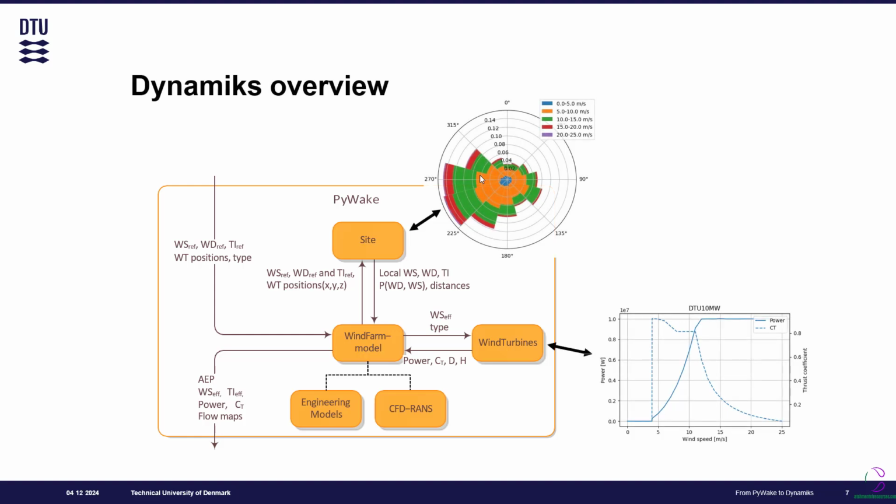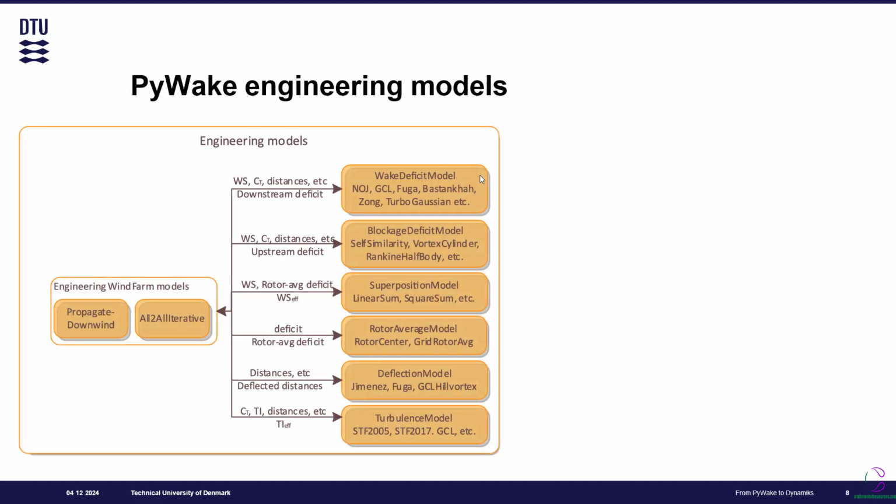Then for the wind turbines, you have the power characteristics, so how the power varies with wind speed, and also other parameters for the wind turbines themselves, which are defined. And furthermore, there are various engineering models: wake deficit model, superposition model, rotor average model, different models that can be used for the wake and how the wind speed behaves after hitting an upstream wind turbine as it proceeds downstream.